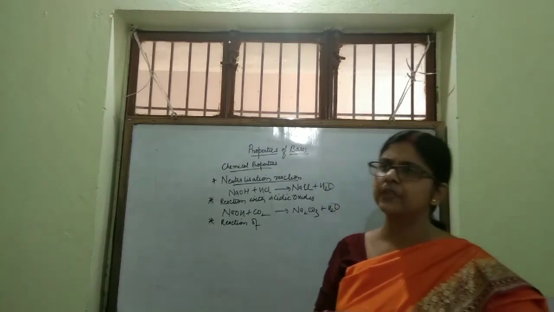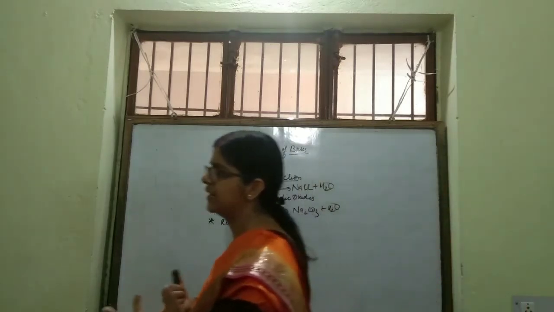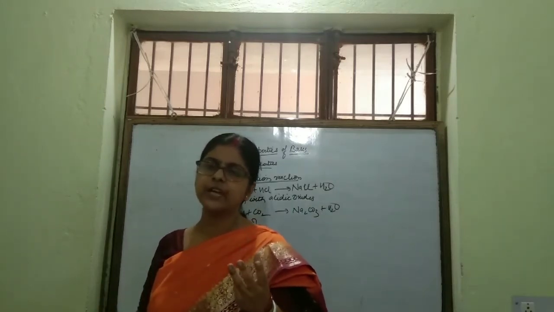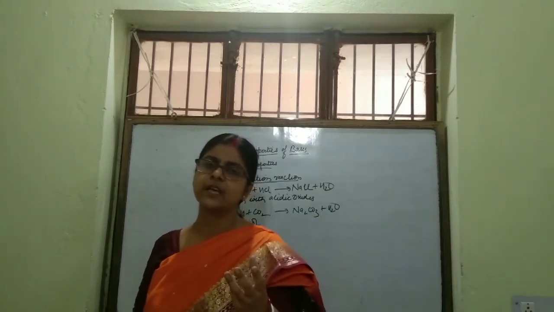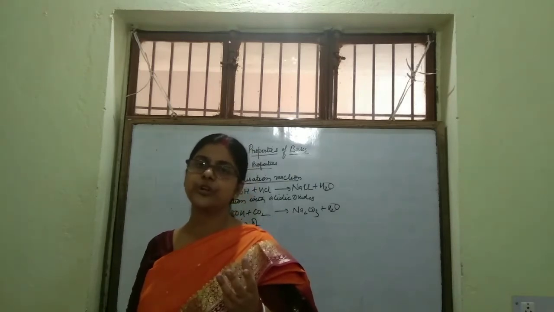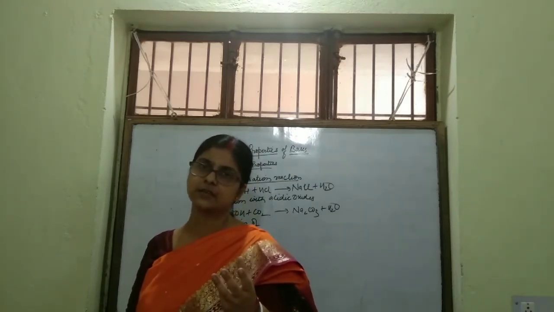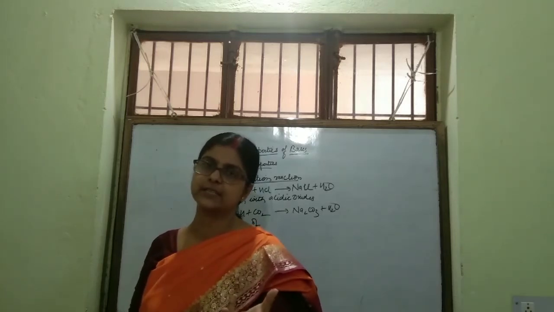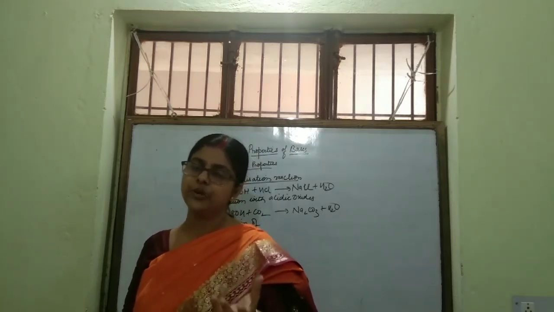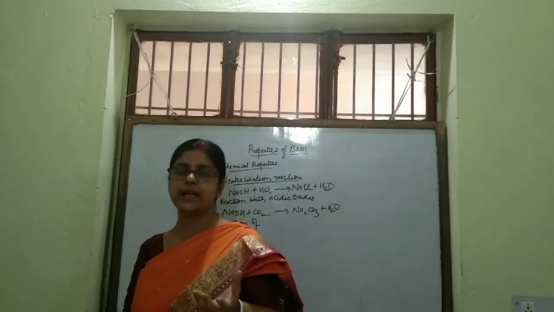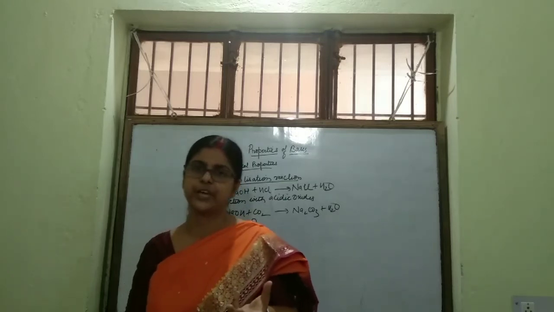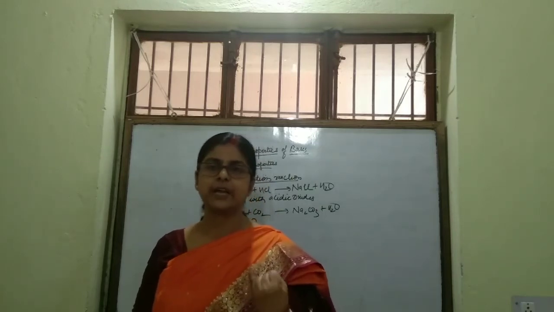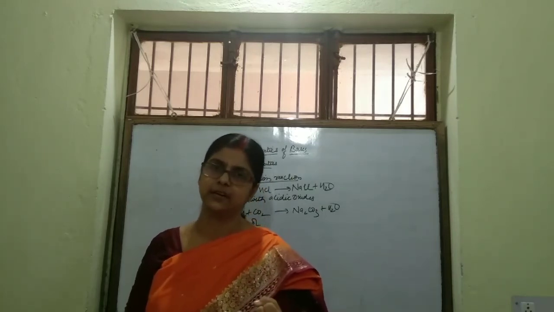One term you will study, or you have studied before also: some of the metal oxides are known as amphoteric oxides. Amphoteric oxides are those metallic oxides which react with acid as well as base to form salt and water. For example, aluminium, zinc, tin.